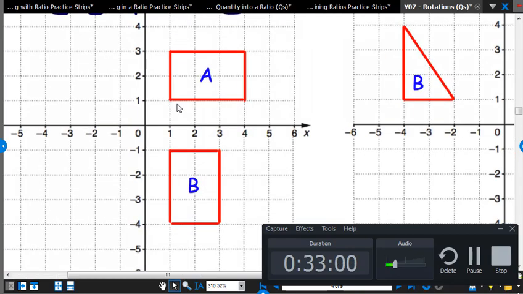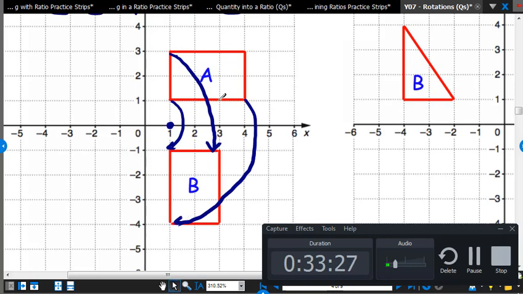If we look at this, if we rotated the top shape, which is obviously A, around that point, that would go to here, right? We can see that, and that would go to here, and then this would go down to here.